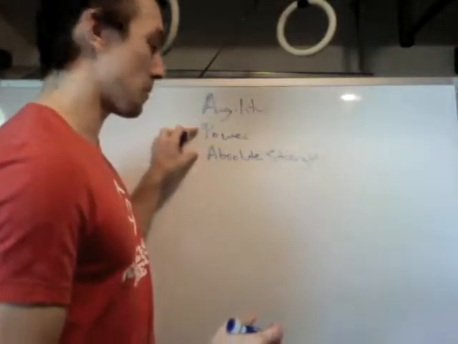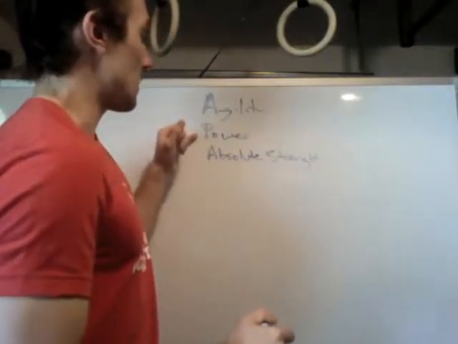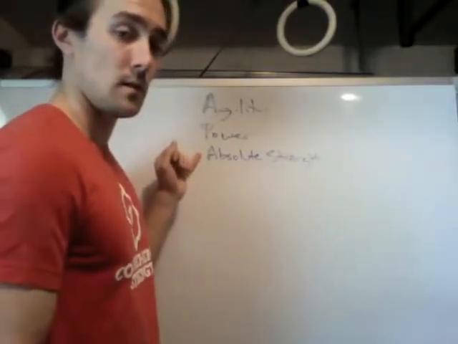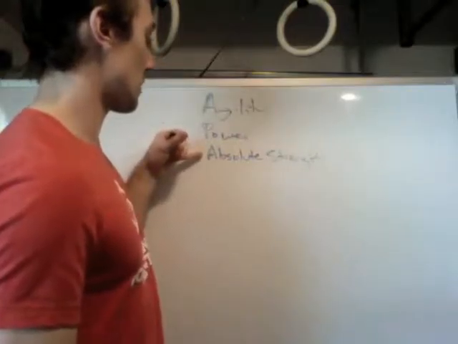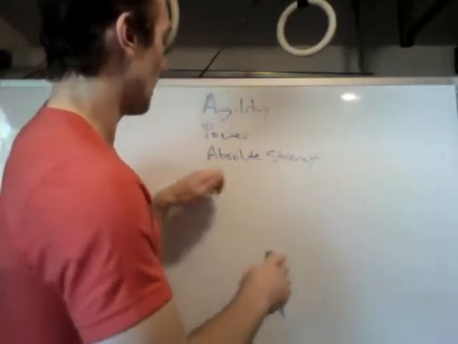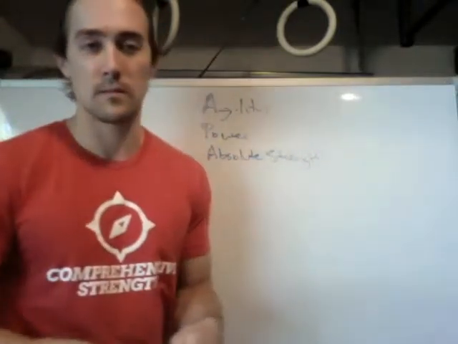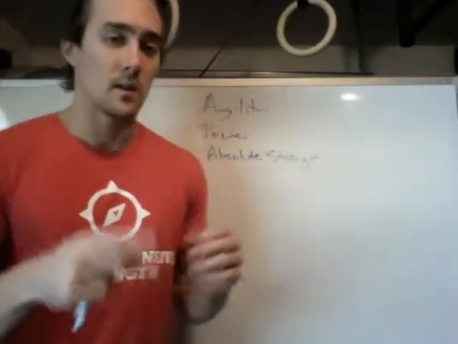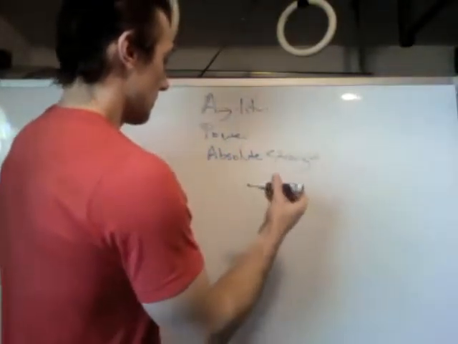The reason those two are placed like that is that the power work is going to interfere less with the absolute strength work than the absolute strength work would interfere with the power work if those were reversed. Absolute strength can be max squat, deadlift, bench press, anything like that, slow lifts.